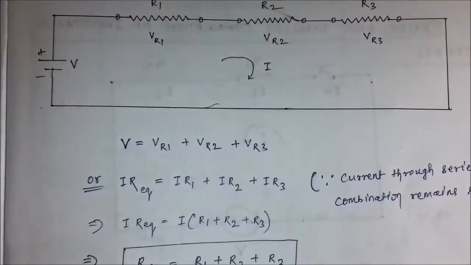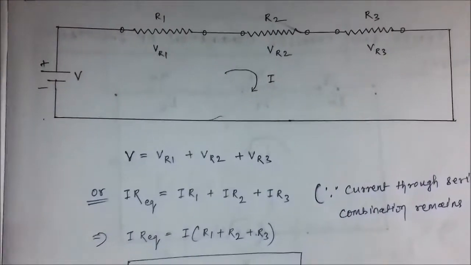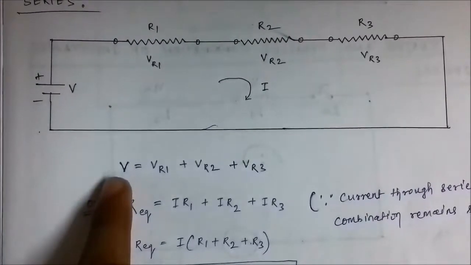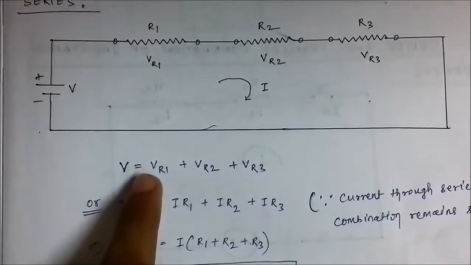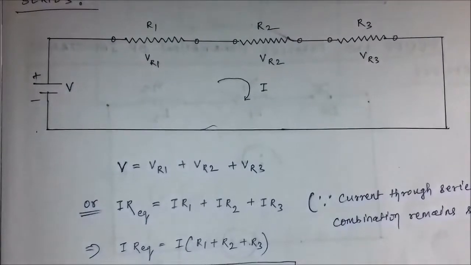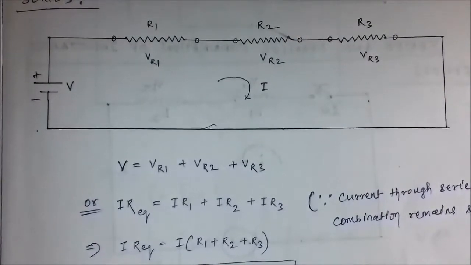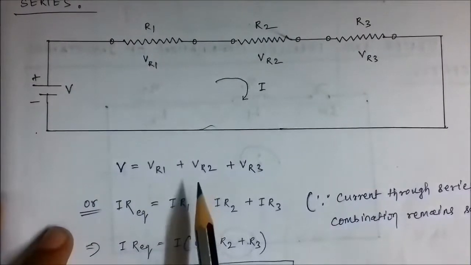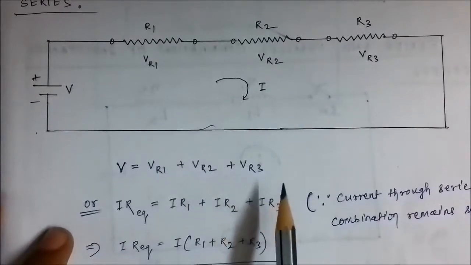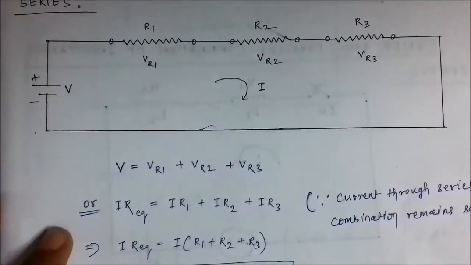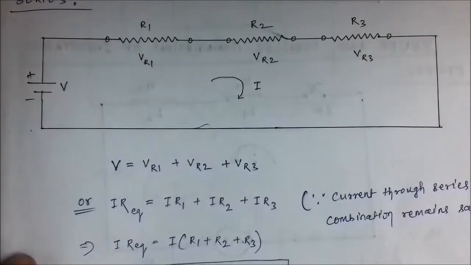So now applying Kirchhoff's voltage law or KVL as we call it in short form, we can write the net applied voltage V is equal to the voltage drop across each of the three resistances R1, R2 and R3. So V is equal to V subscript R1 plus V subscript R2 plus V subscript R3, where these three represent the voltage drop across each of the three resistances R1, R2 and R3.